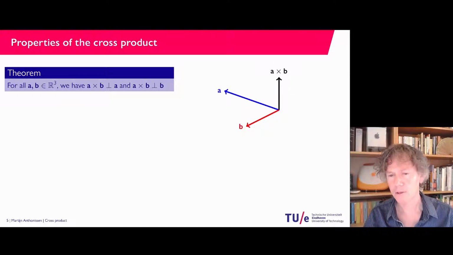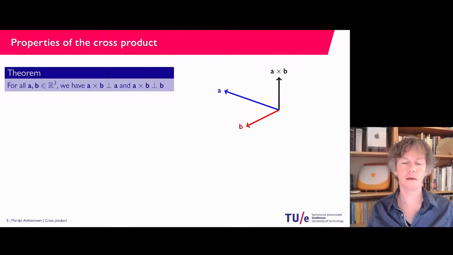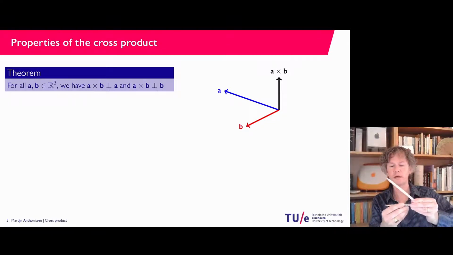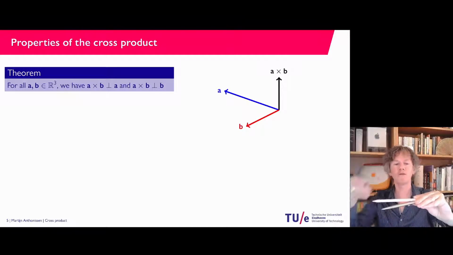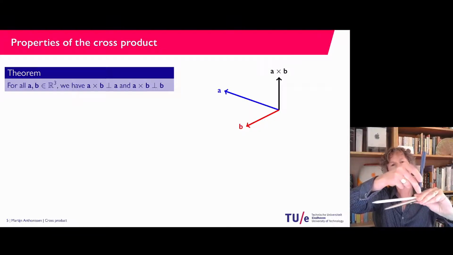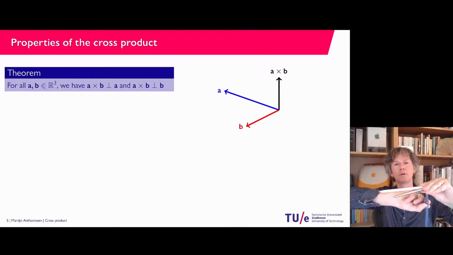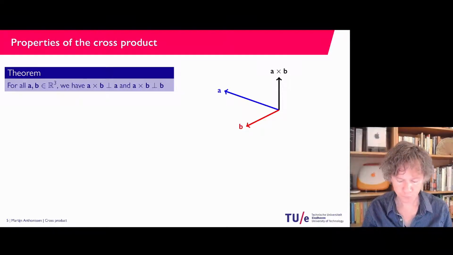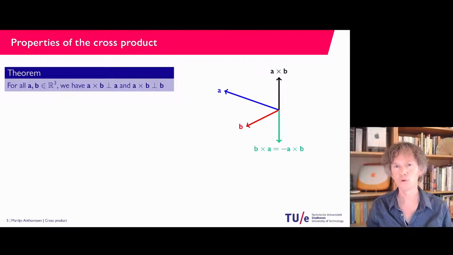Now, you may visualize and think that if you have these two vectors A and B, and then I find a vector that is perpendicular to both, well, this direction is not unique, right? I could also have picked this one pointing down. And what you can show is that if you swap the order, if you do B cross A, you find that vector.